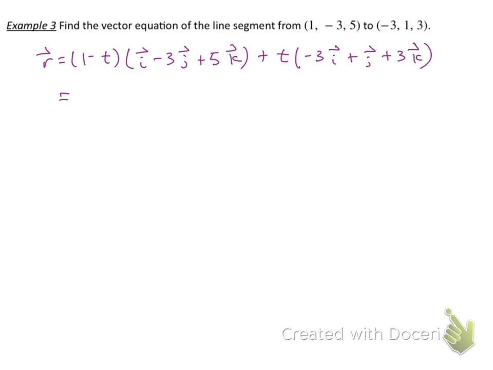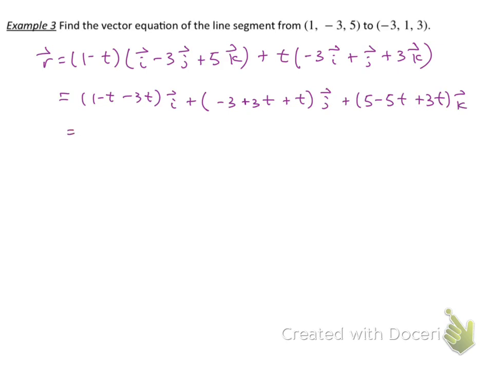Then I will track coordinate by coordinate. So for i, I'm having 1 minus t from the first part, then minus 3t from the second. Plus my j will be -3 plus 3t from the first product, then another t from the second. Then 5 minus 5t, plus 3t for k.